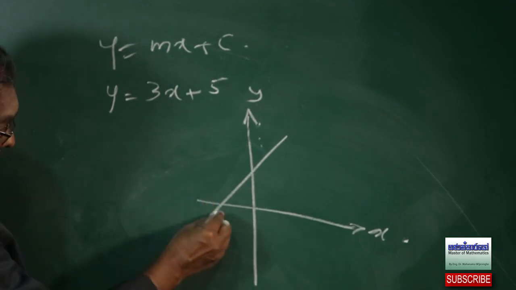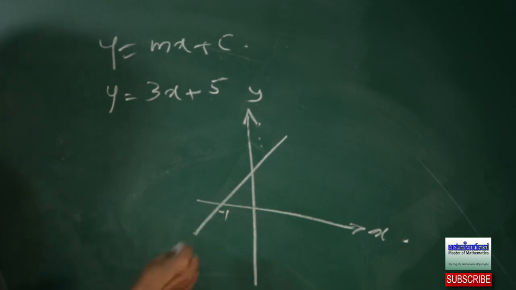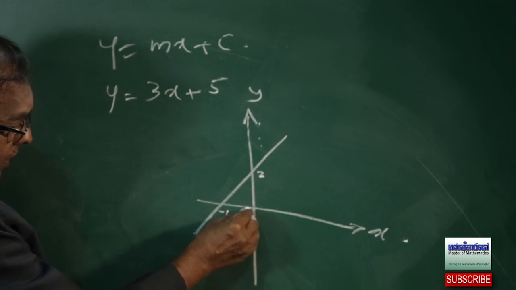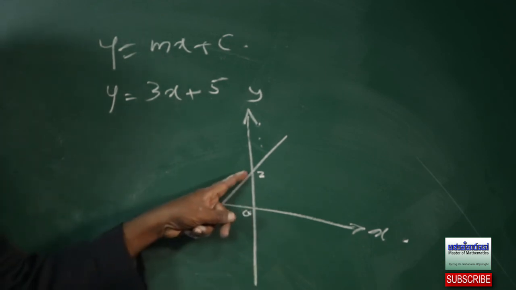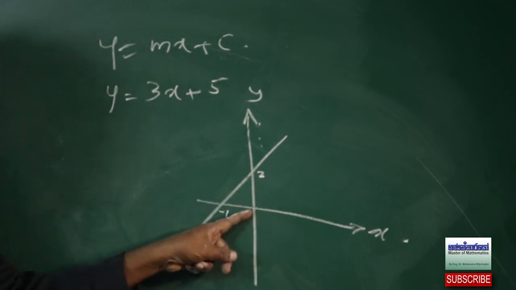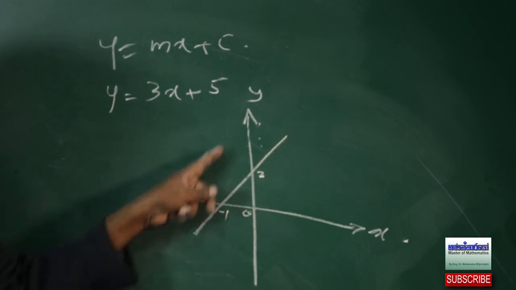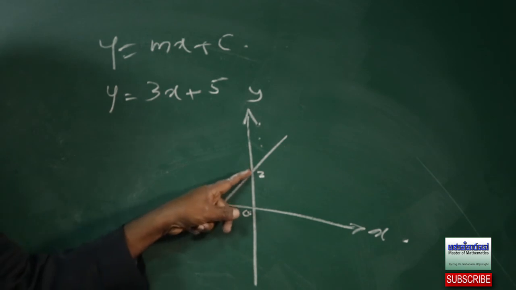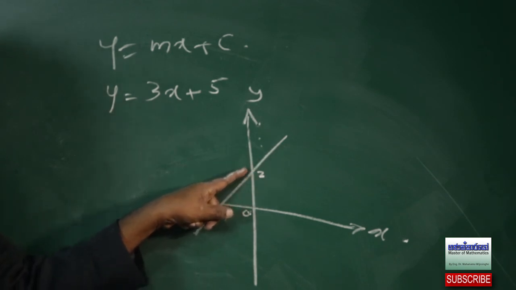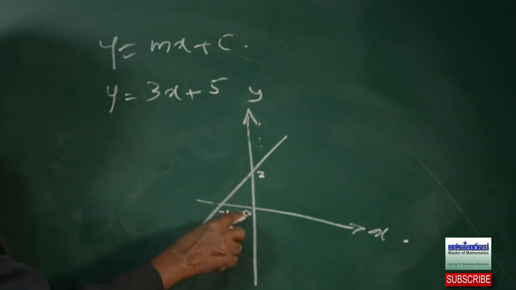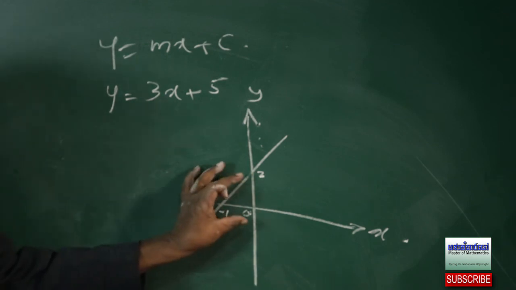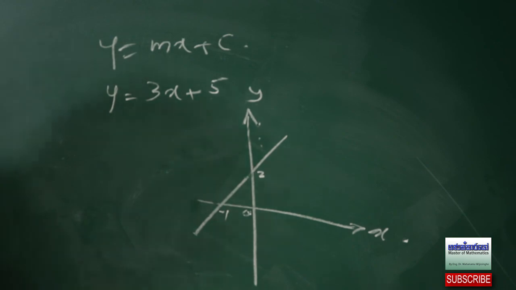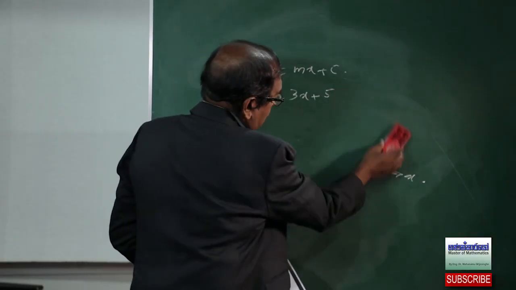Suppose this is minus 1, suppose this is plus 2, this is 0. Intercept means the point cut by this line on the axis, this point is 2. The distance from 0 is 2. The intercept is 2.